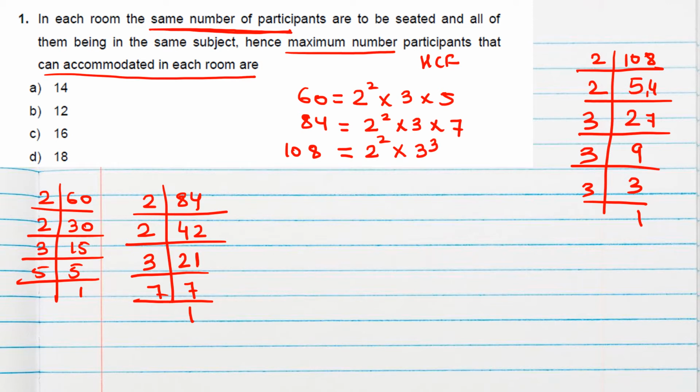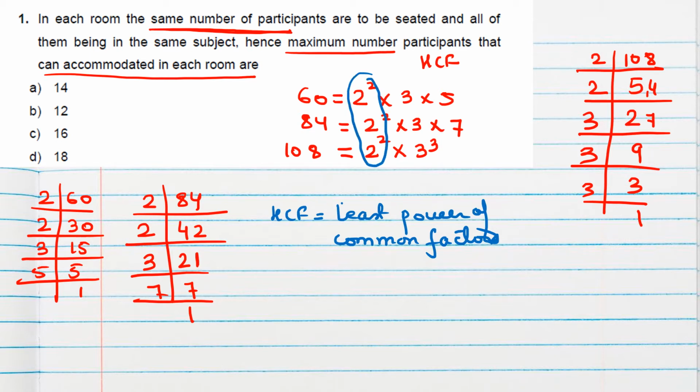Now to find the HCF by using the fundamental theorem of arithmetic, HCF is the least power of common factors. Here the common factor is 2, and the common factor is 3.